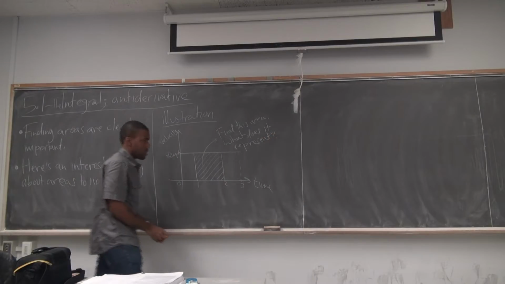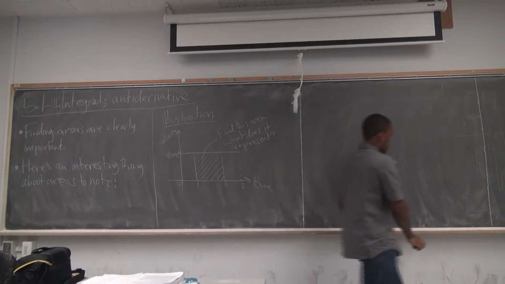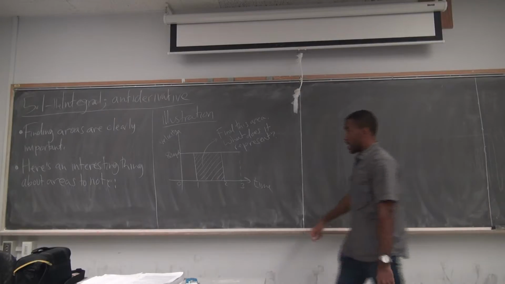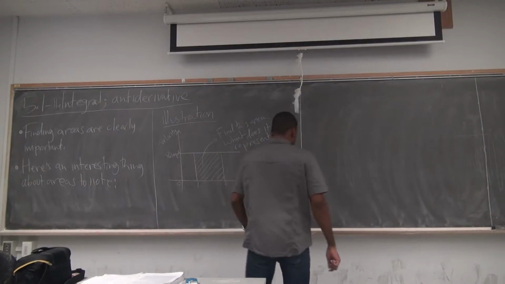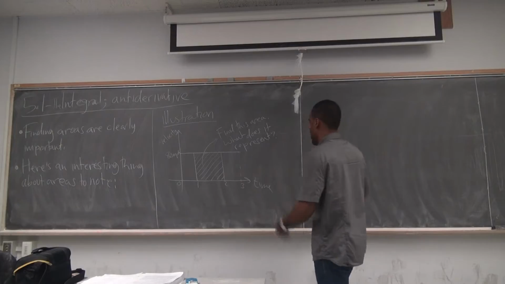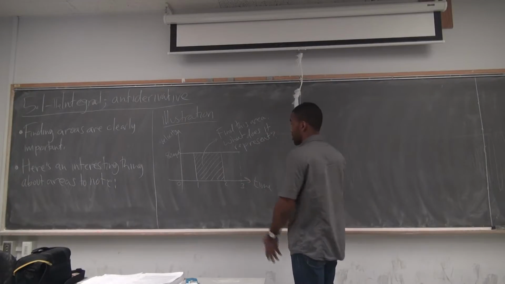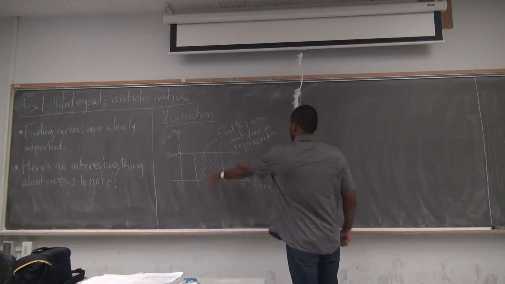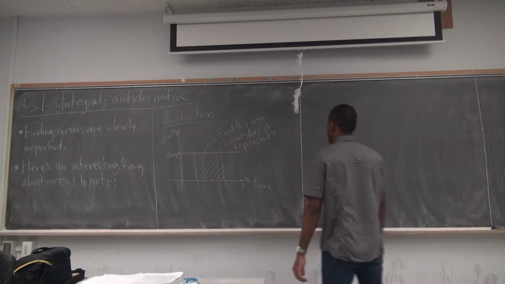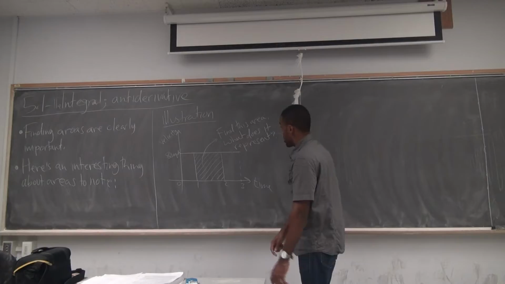So we had a similar graph before when we were talking about derivatives, where I gave you the graph of the position function and asked you to find the slope of it, and it turns out, hey, that gave us velocity. That kind of segued into rate of change. So now I'm going to give you velocity, and I'm going to ask you about the area under the velocity function, and ask you to interpret it.